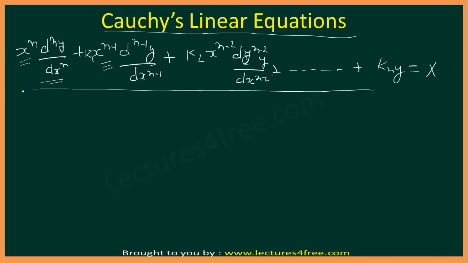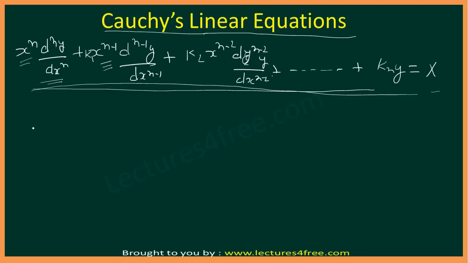So we can convert Cauchy's linear equation to a linear equation with constant coefficients. To convert that, we have to make two assumptions.